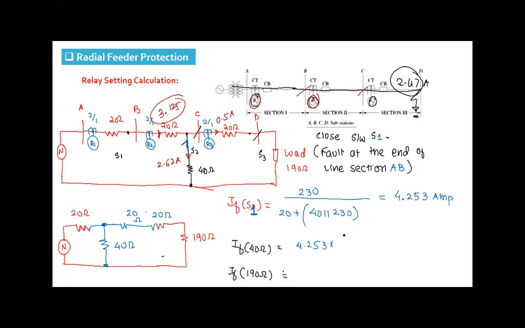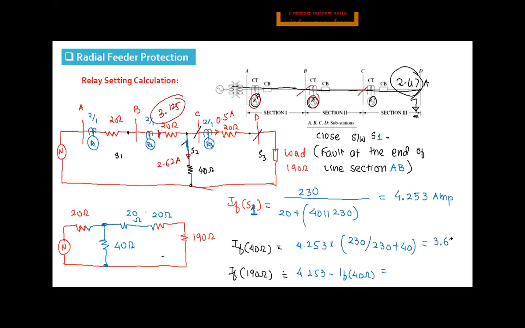And through this 40 ohm, what is the current? 3.62.